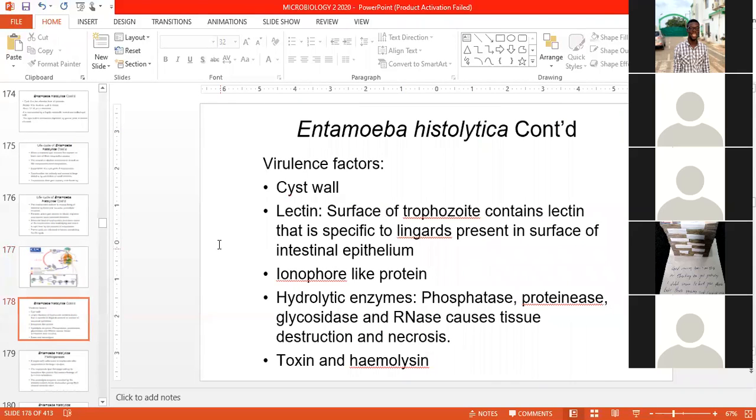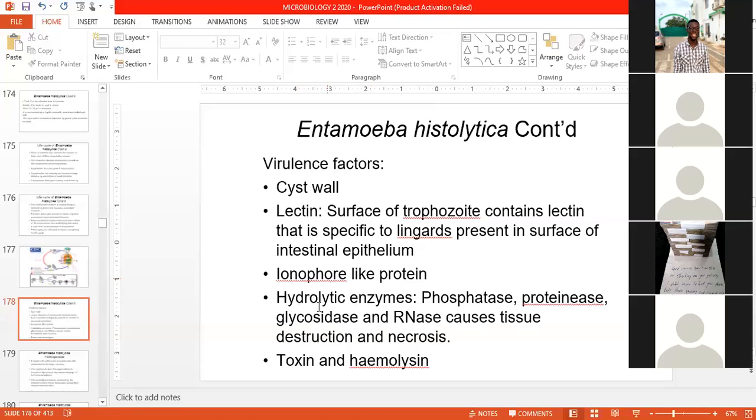Looking at examples of virulence factors that E. histolytica has, the first one is the presence of the cyst around the trophozoites. The trophozoites also have the lectin, which is like the ligand that binds to the receptors within the intestinal walls.